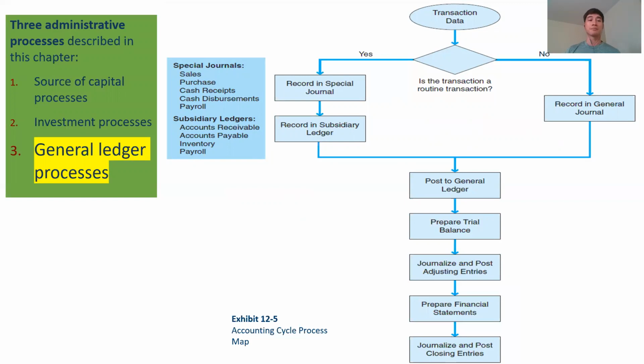Subsidiary ledgers maintain the detailed information regarding routine transactions. Transactions recorded in special journals and subsidiary ledgers take place at the time the transaction occurs. Consequently, the special journals and subsidiary ledgers are updated as the processes for the journal occur.